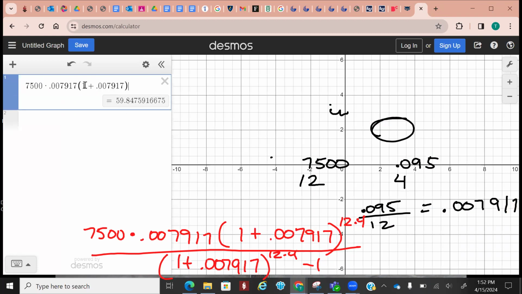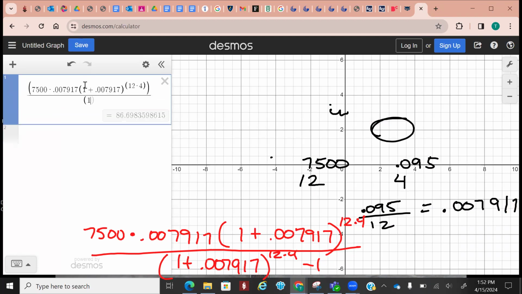So, raised to the 1 plus 0.007917 raised to the 12 times 4, minus 1.